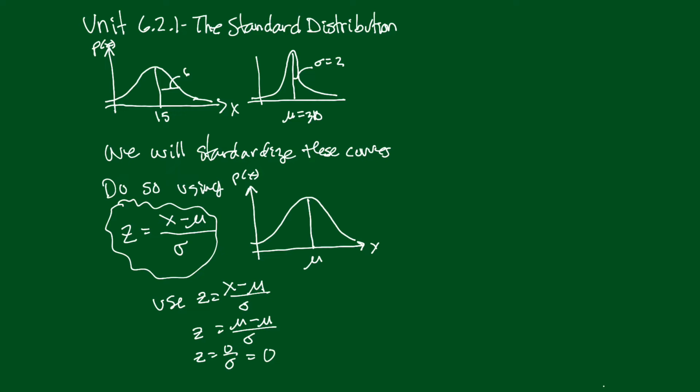So in the standardized curve, it's going to be z down here, not x's anymore. In the standard curve, that high point is now 0. So 50% of the area is to the left of 0, and 50% is to the right.